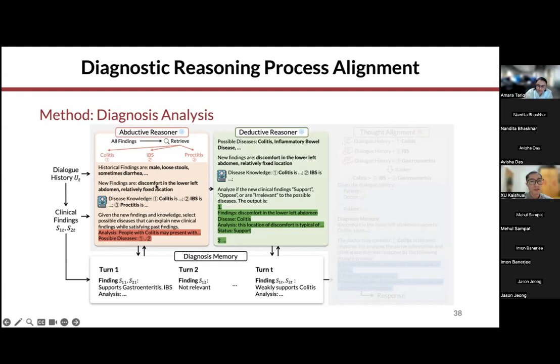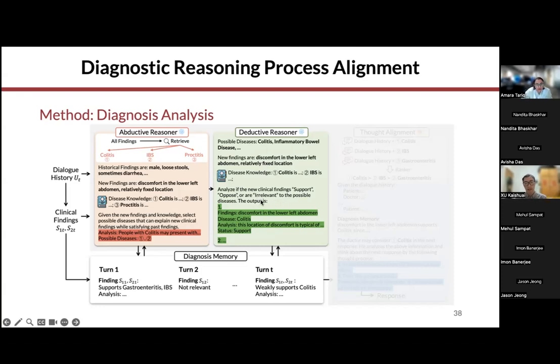Here we achieve affirmative operations for the diseases, which means we choose which diseases can support the patient situation. Then comes the deductive reasoner, where we achieve a filtering or post analysis of the available diseases. Here, we prompt the LLM to analyze whether the new findings support, oppose, or are irrelevant to the possible disease.